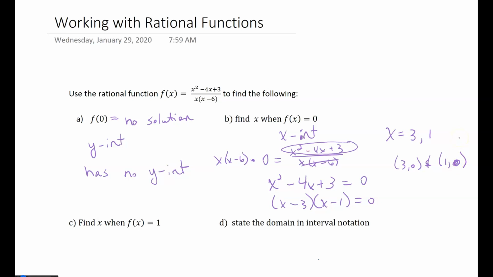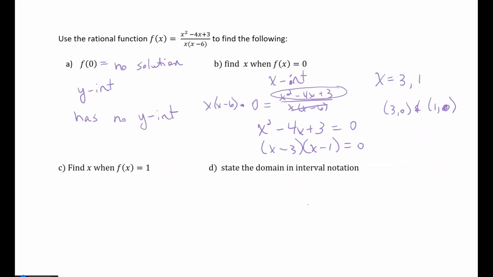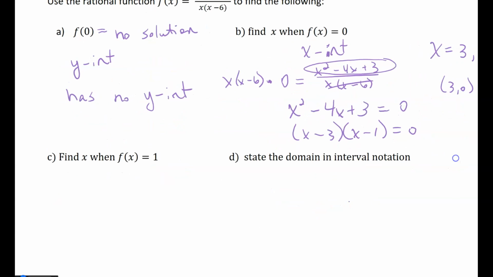Okay. The next thing I asked you for was to find x when f of x is 1. And again, this is just setting y equal to 1, not 0. So if I have 1 for my y and I multiply the denominator over, I end up getting x squared minus 6x is equal to x squared minus 4x plus 3.